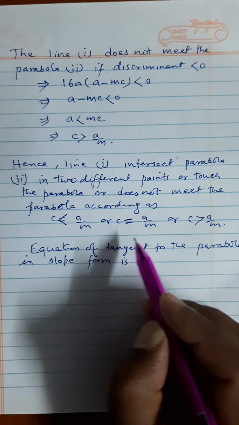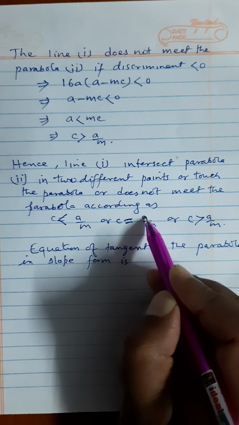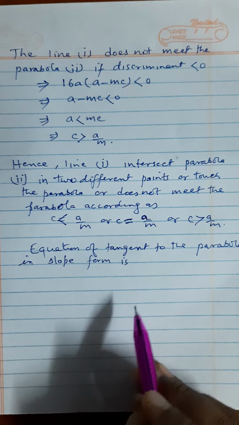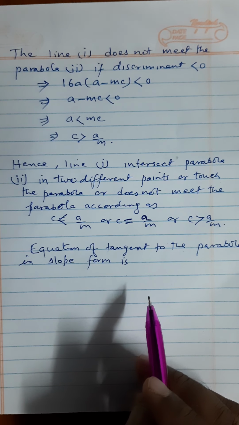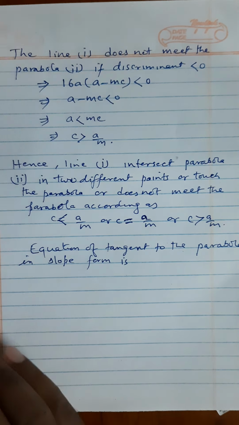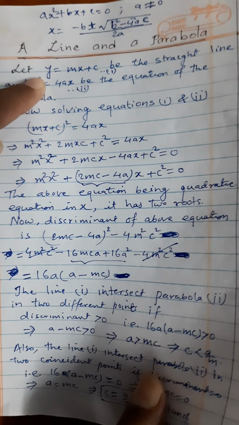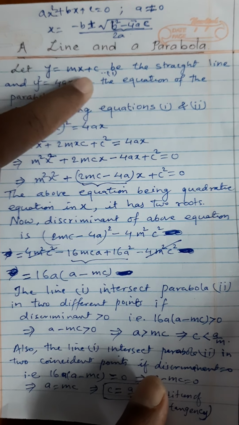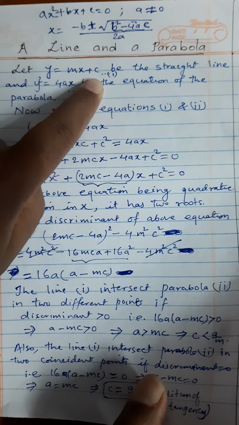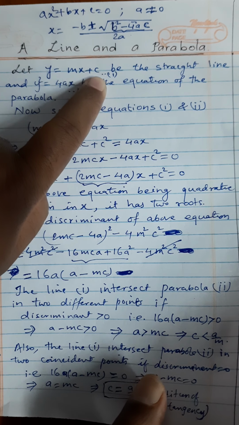Here when c equals a over m, the line just touches the parabola, so that line will be tangent to the parabola. Our line is y equals mx plus c, and for the line to touch the parabola, the c value is a over m.